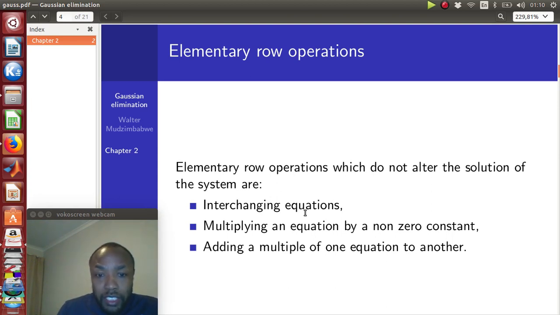That is the case. We can also multiply an equation by some number, right? That would not change its solution, right? We can also add a multiple of one equation to another. That again will not change the solution of the equation. Okay, so only these three are permitted as valid row operations.